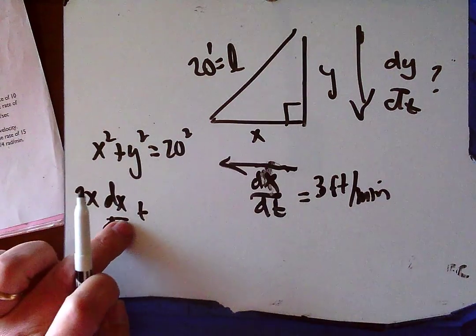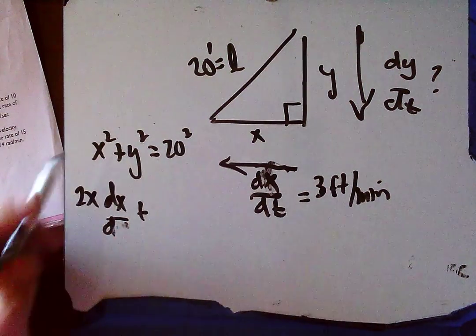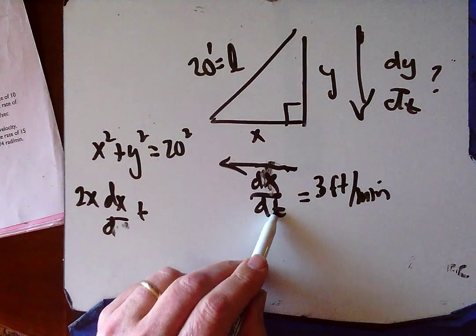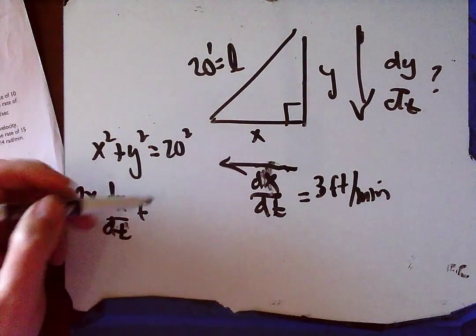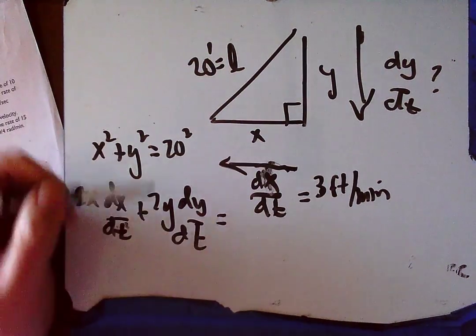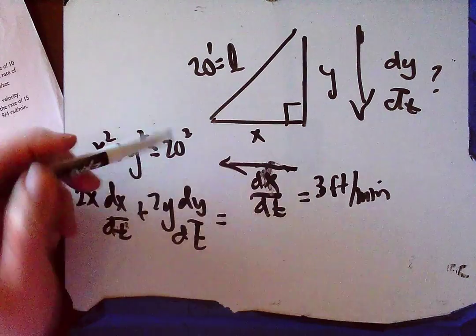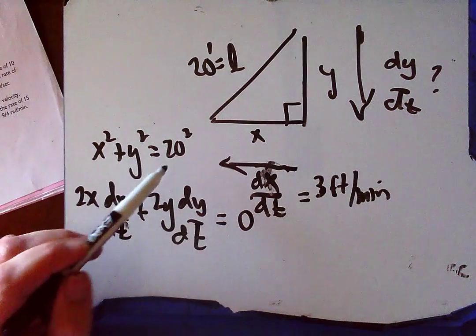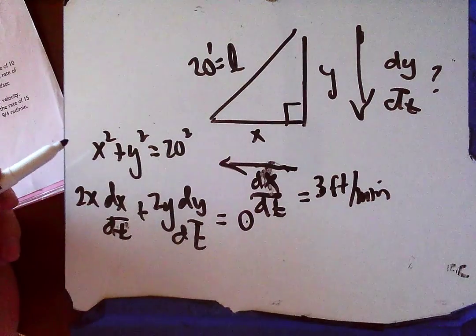Oh, wait. I'm sorry. The derivative of the inside with respect to time. Plus 2y dy dt equals the derivative of a number, which is 0. You may want to make a note to yourself if you had thought anything other than 0 there.